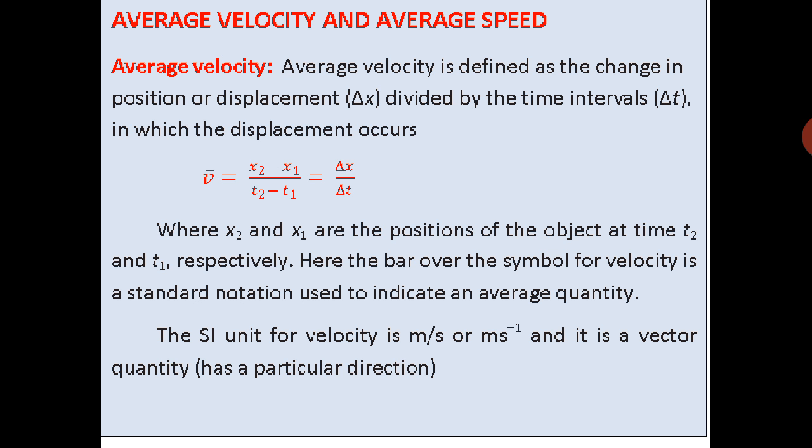We can write m s^-1, and you can read it as meter per second. It is a vector quantity. Vector quantity means it has a particular direction; any physical quantity having a particular direction, we can say it is a vector quantity.